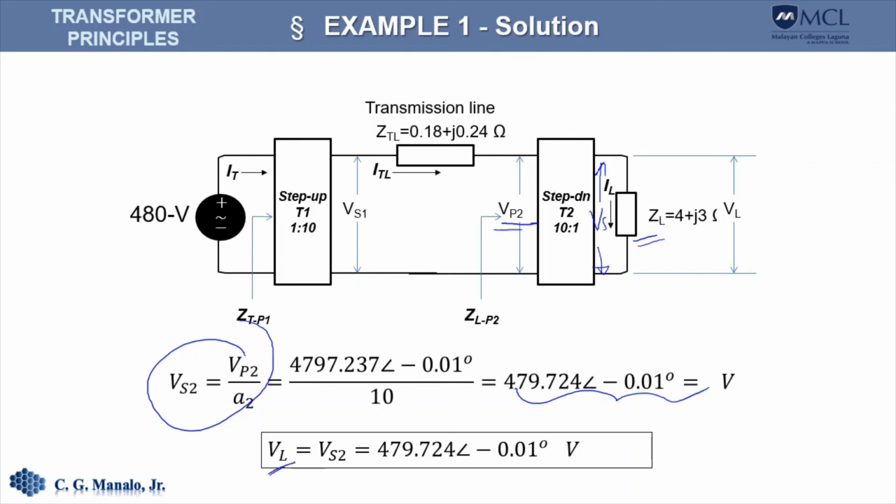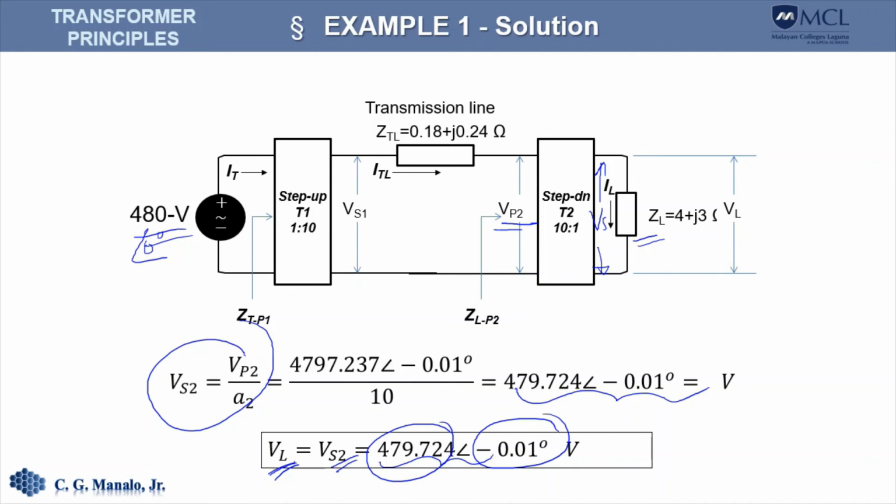That means that the load voltage must equal the secondary voltage of the second transformer. And that should give us this voltage, which is very much close to the voltage of the source. And likewise for the phase angle, it is almost the same as the phase angle of the source voltage.